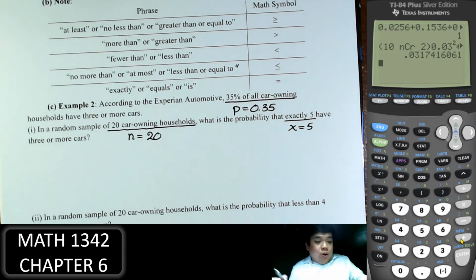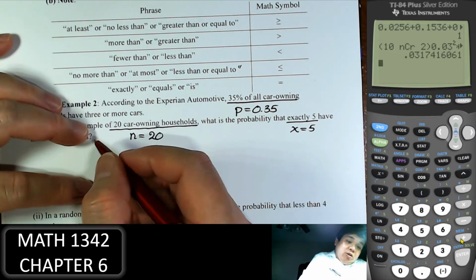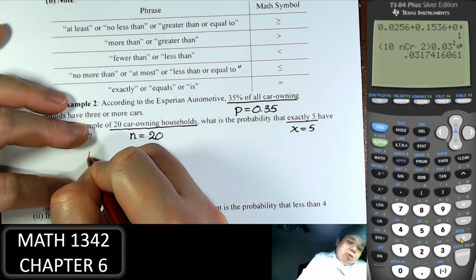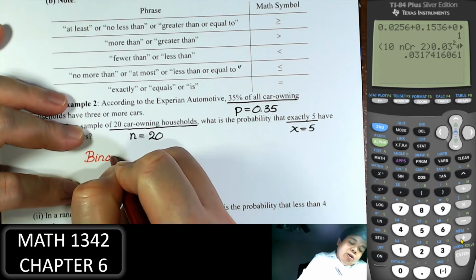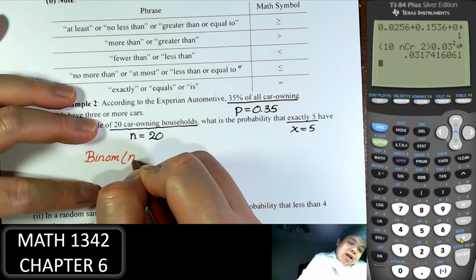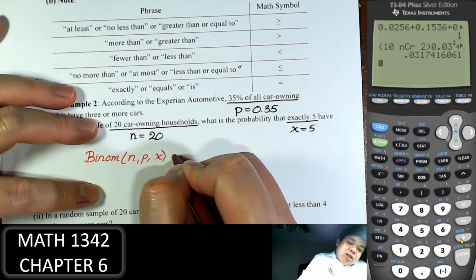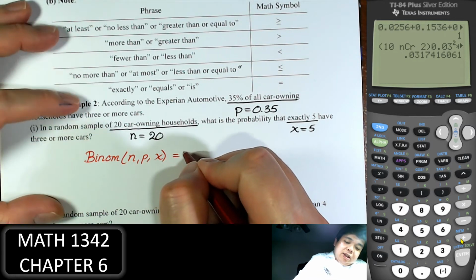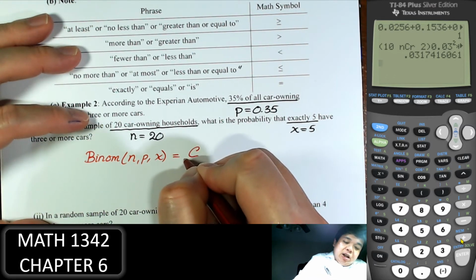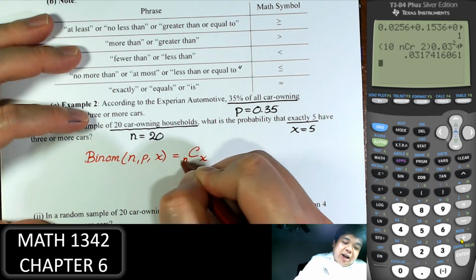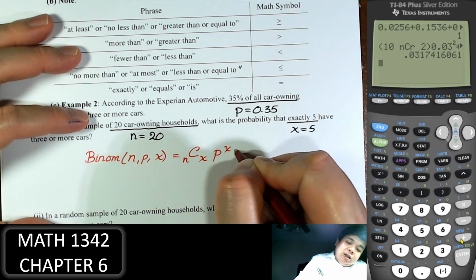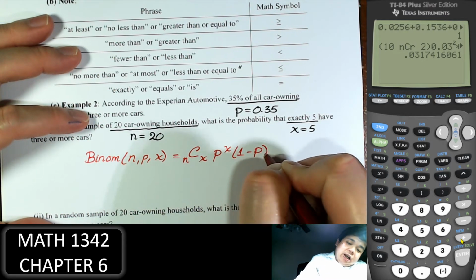So now if we want to stick with the formula, we say binomial P(x) in alphabetical order is combination of pick x out of n, p to the x, and 1 minus p to the n minus x.